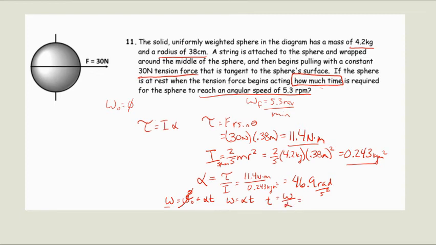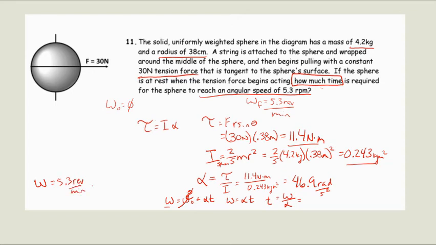Okay, and let's see what my omega final is. Over here on the left-hand side, I'm going to go ahead and figure that out. That's going to be equal to 5.3 revolutions per minute.